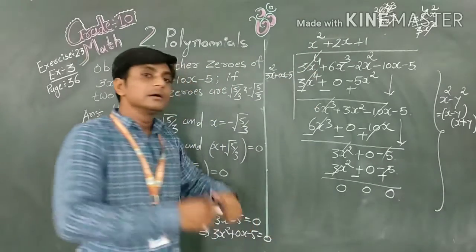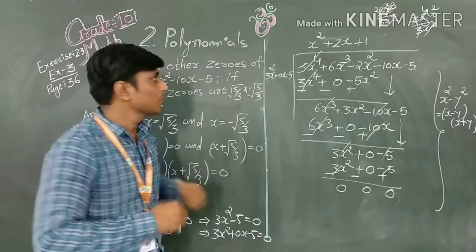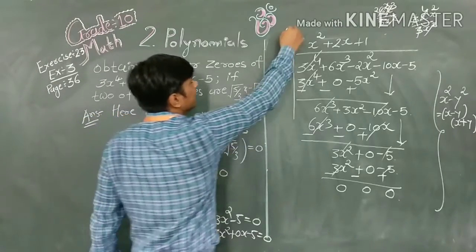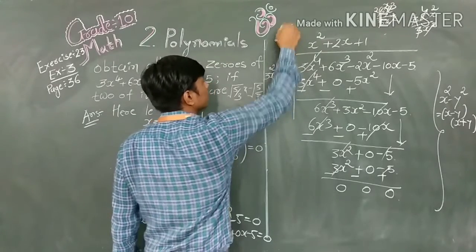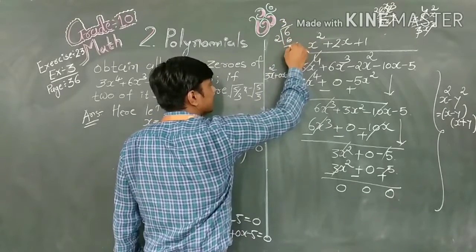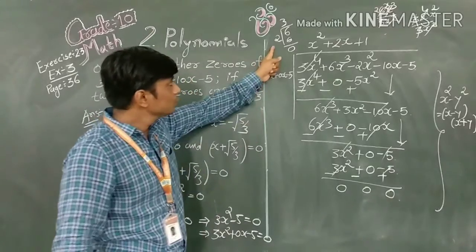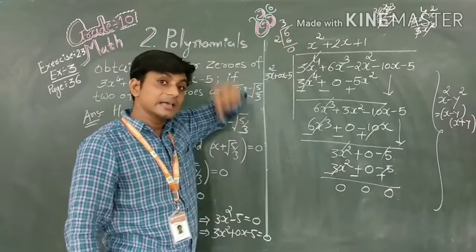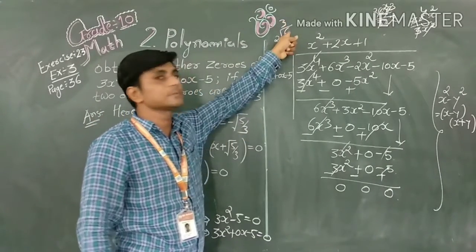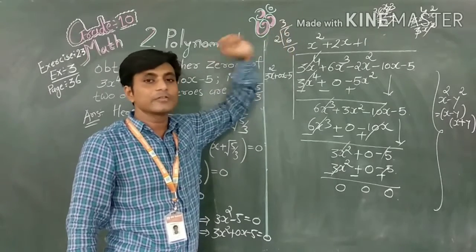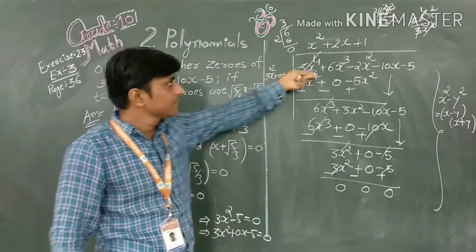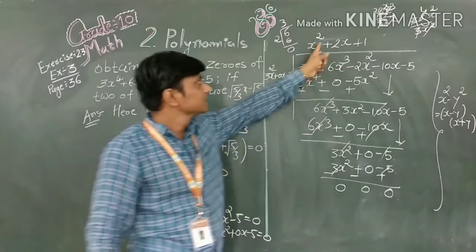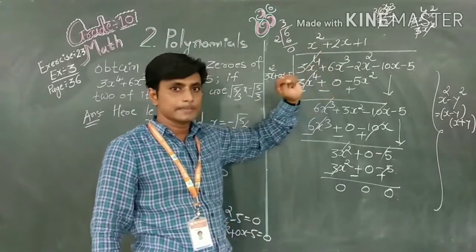Look, in a previous standard, what happened if we divided 6 by 2? We calculate 2 times 3 is 6 and remainder 0. That means 2 is a factor of 6 as well as 3 is a factor of 6. Both are factors of the polynomial. Here we took a number, here we took a polynomial. Therefore this is a factor of this polynomial.